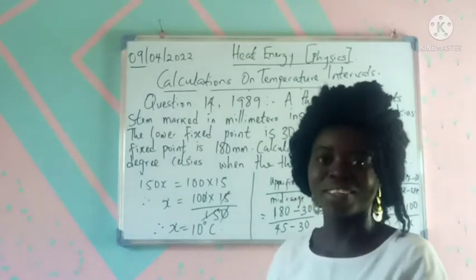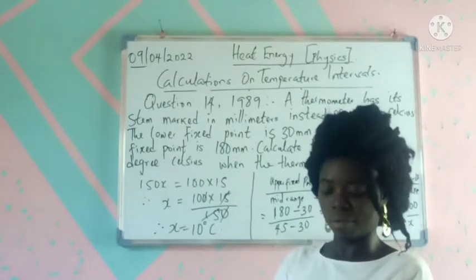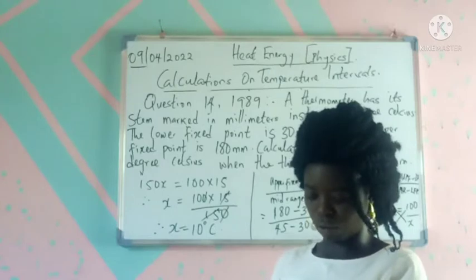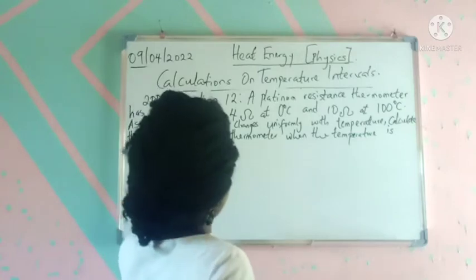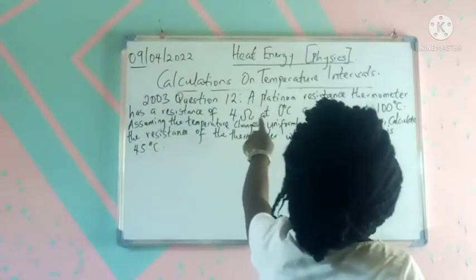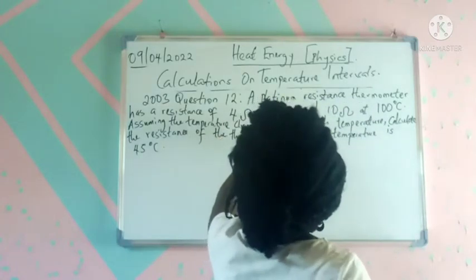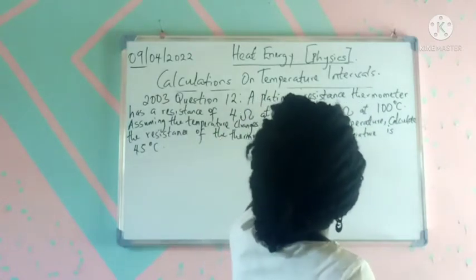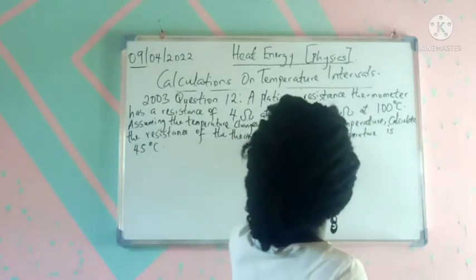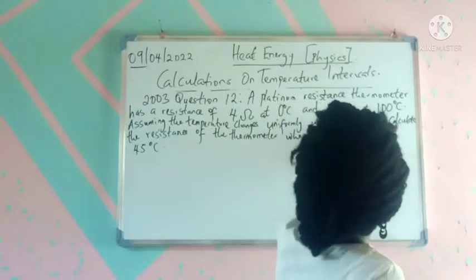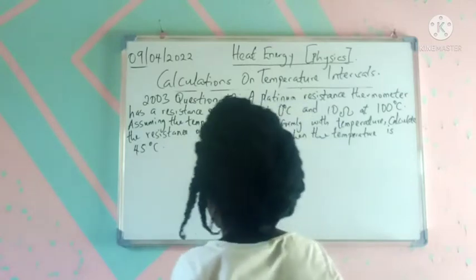Okay? Alright, so we'll take another question, something else that will show the other way around. Our next question says, a platinum resistance thermometer has a resistance of 4 ohm at 0 degrees C and 10 ohm at 100 degrees C. Assuming the temperature changes uniformly with the thermometer, calculate the resistance of the thermometer when the temperature is 45 degrees.